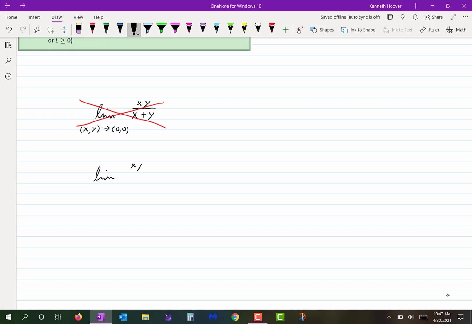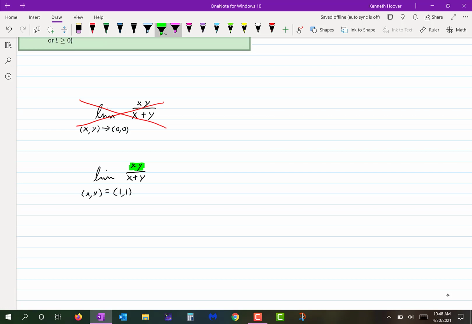Find the limit of xy over x plus y as (x, y) approaches the point (1, 1). Okay, now that's a very easy question. Why is that easy? Well, this is a continuous function. f(x, y) = x is continuous. f(x, y) = y is continuous. And therefore the numerator is a product of two continuous functions, so the numerator is continuous.